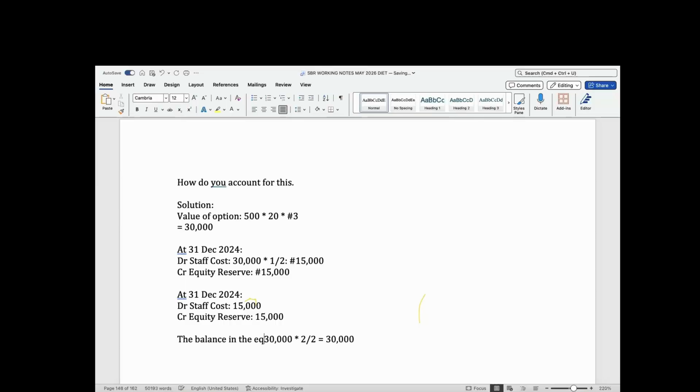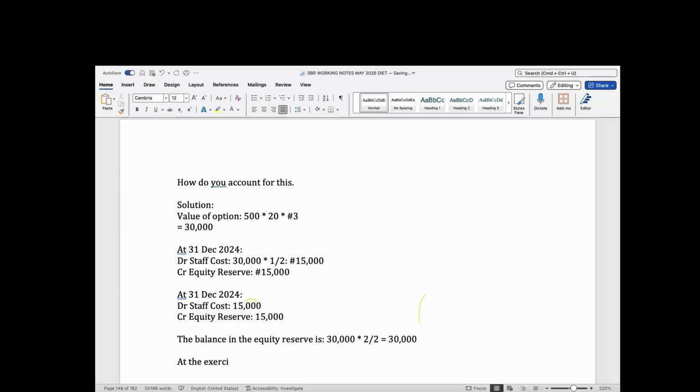Okay, it's similar, but the balance in the equity reserve is this. So usually you find me calculating this first, the balance in the equity reserve, because that really tells me where we are. Since this is the vesting date now, the balance is now 30K. So which is the exercise date?